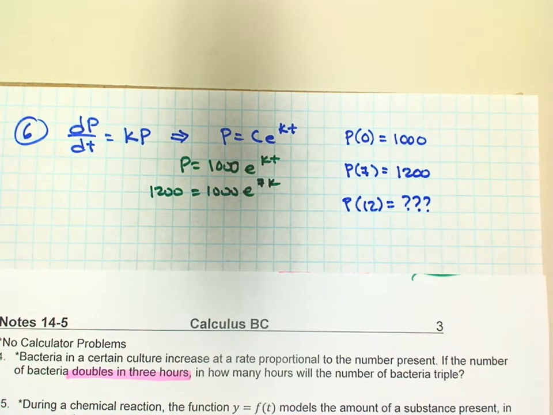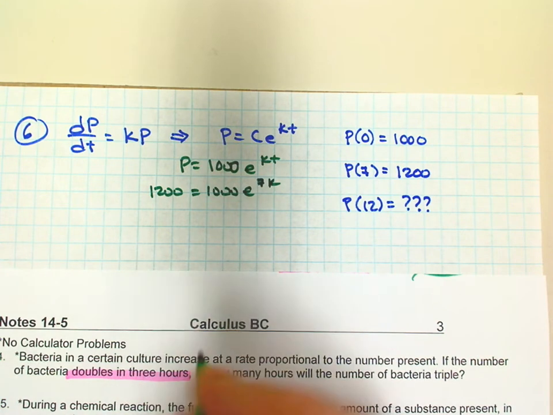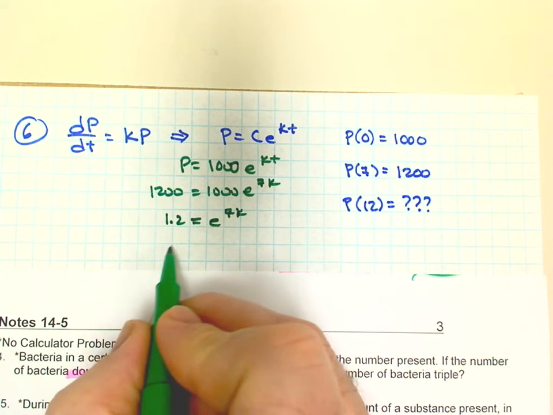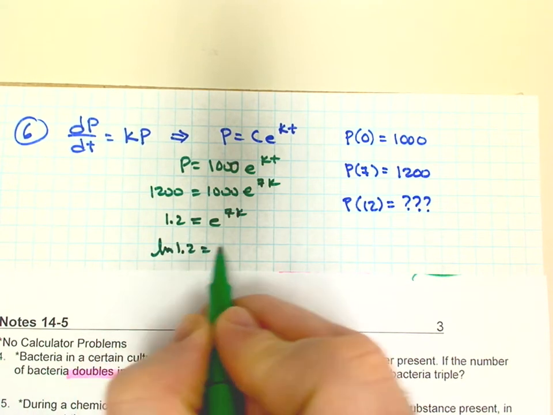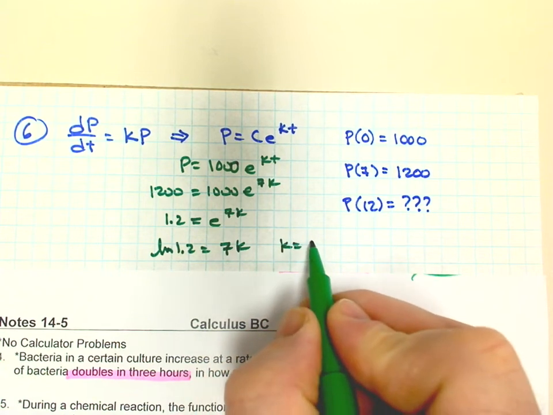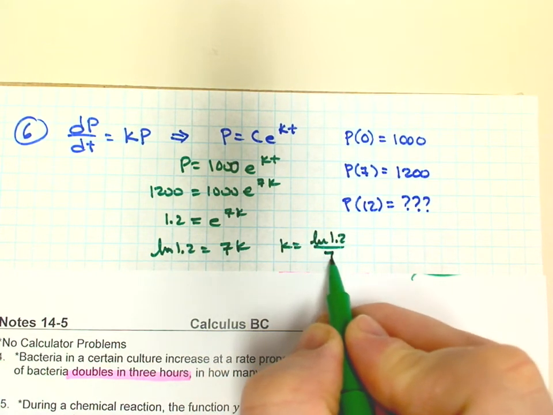We're solving for k here. You can see we can divide by 1,000. Then take our natural log. So therefore, k equals the natural log of 1.2 divided by 7.